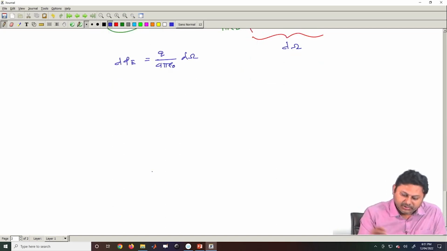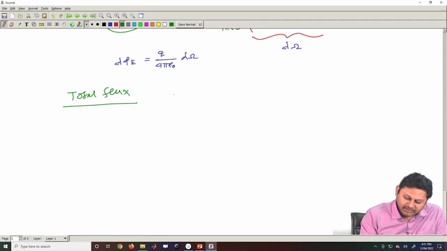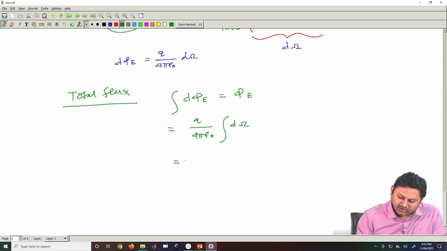Now, if I want to find out the total flux, the total flux is the integration of d phi E, which is nothing but phi E. If I integrate, it should be q by 4 pi epsilon 0 times the integration of d omega, and that integration of d omega is nothing but the total solid angle.